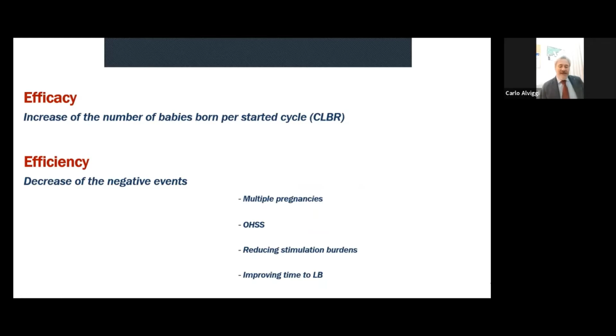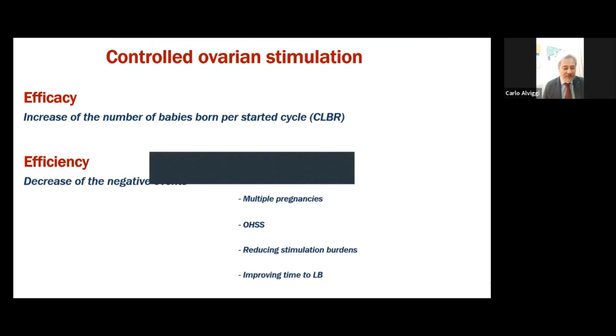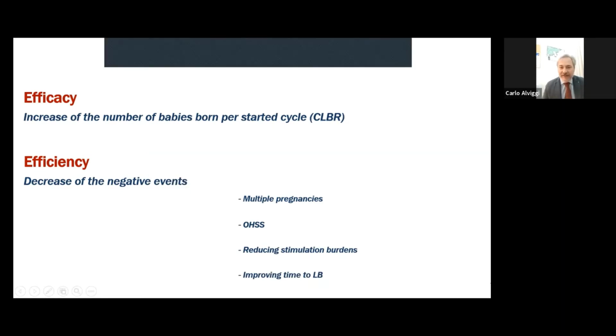This is just to say that when we talk about any kind of treatment, and in particular IVF, we have to distinguish between efficacy of the treatment, meaning the capability of a given treatment to give a given result. For instance, in our field, I think that the ideal endpoint is cumulative live birth rate, but something different is the efficiency of the process. Because we can have the same efficacy, but we can have less or more efficiency.